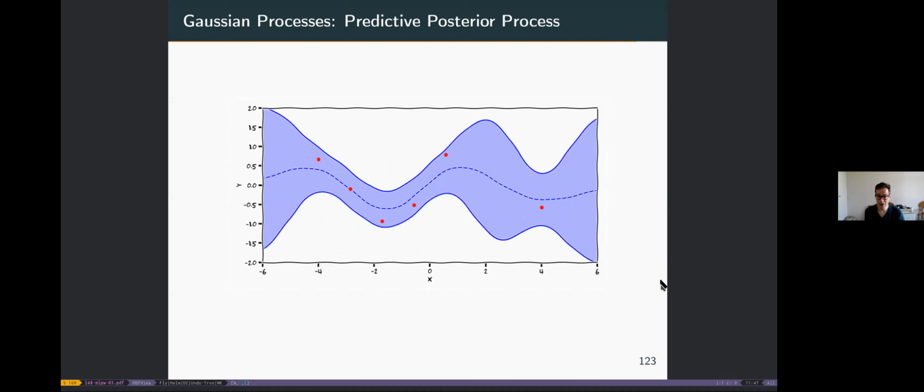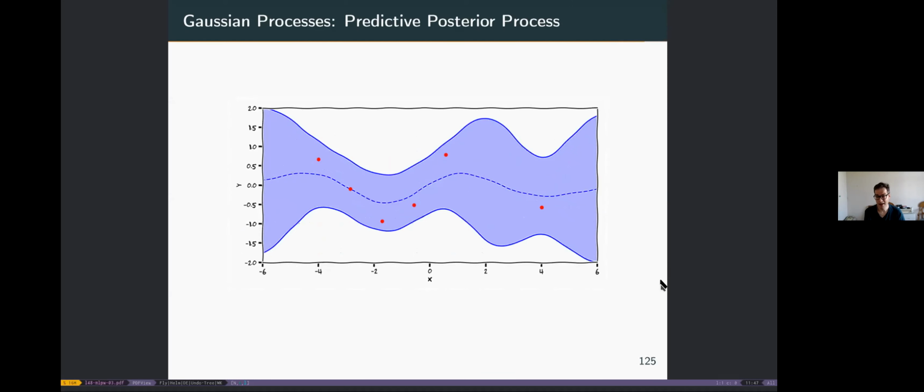Now I can increase the noise, and eventually I can explain away everything using the noise, and then just fit a straight line, which is coming back to the prior that I started off with before. The noise effectively explains away all the variations that I have in the data.